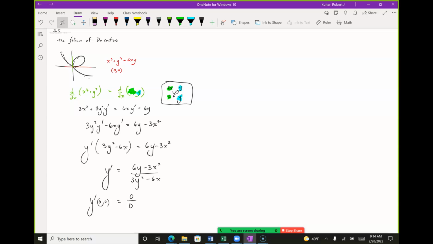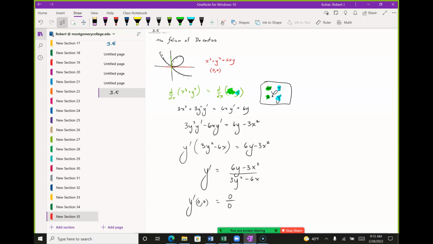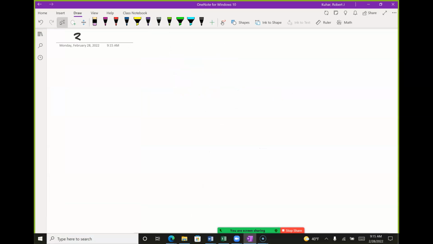Let's do one more and then quit. Okay, so this is in 3.5, number 13. I've got e to the x over y equals x minus y. So we want to find the derivative. We want to find y prime here.